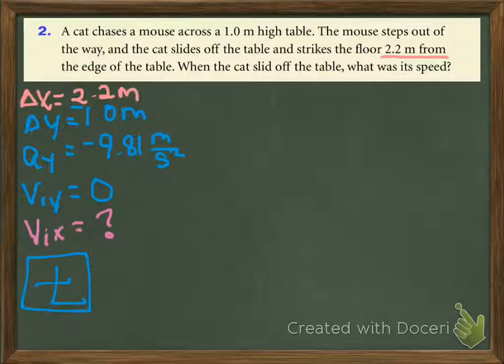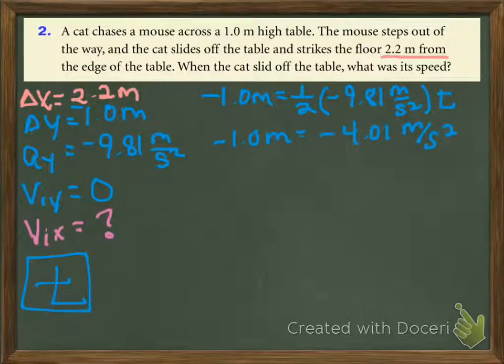So we have negative 1.0 meters equals 1/2 times negative 9.81 meters per second squared times time squared. Negative 1.0 meters equals negative 4.91 meters per second squared times time squared. We're going to divide both sides, and we end up with negative 1 divided by negative 4.91 meters per second squared.